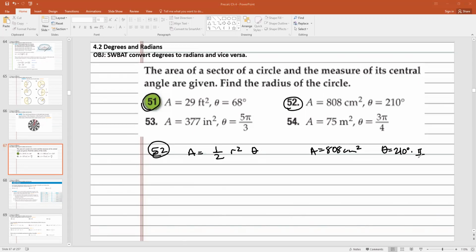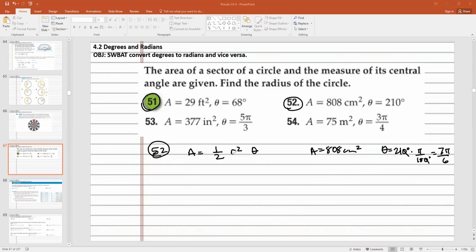So pi over 180. Zeros cancel out. 3 goes into both of those, so 7 pi over 6. 3 goes into 21 7 times. 3 goes into 18 6 times.